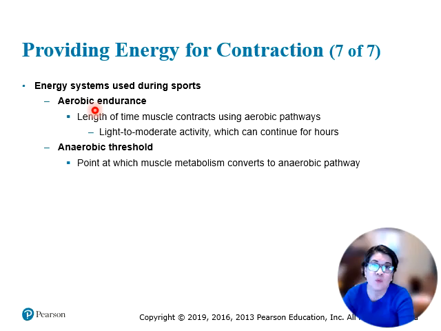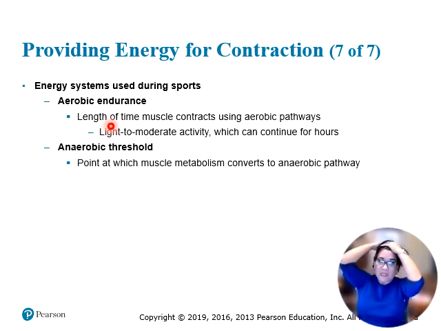So when you are in sports, you can increase your aerobic endurance by doing light to moderate activity. And then you can also increase your anaerobic threshold. And like people who do this would be like marathon runners, and they can actually slow down the anaerobic production and not make as much lactic acid.